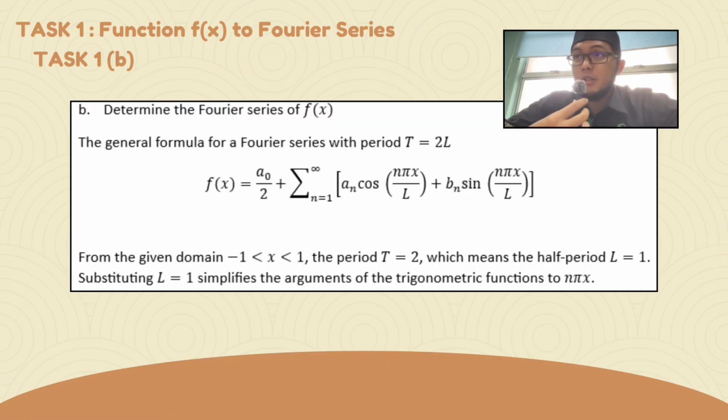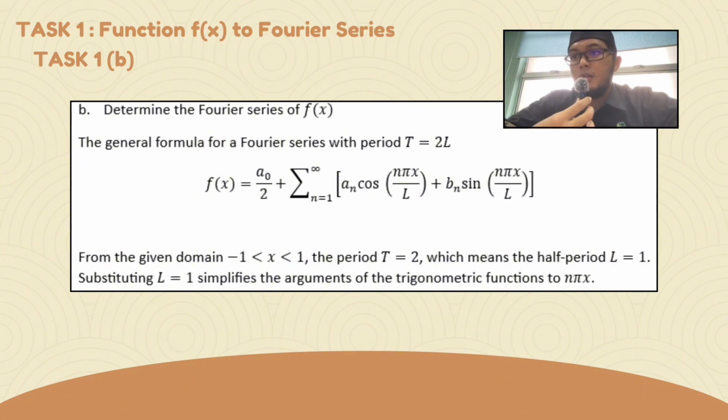Okay, so for question 1b, we need to determine the Fourier series f(x). We are given this general formula for a Fourier series with the period of 2L. This is the generalized equation, which consists of a0 as our constant, and then we have an and bn, also constants that we need to find.